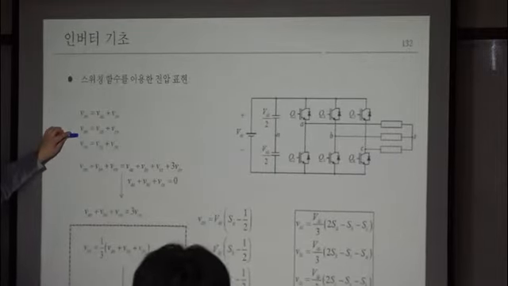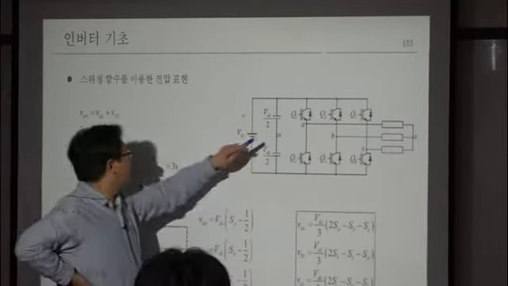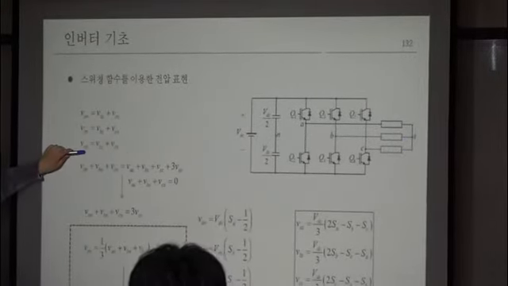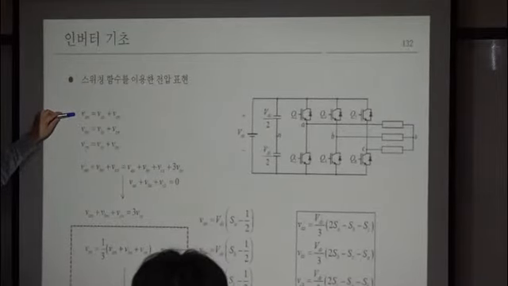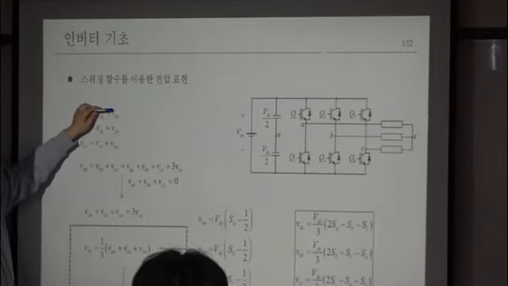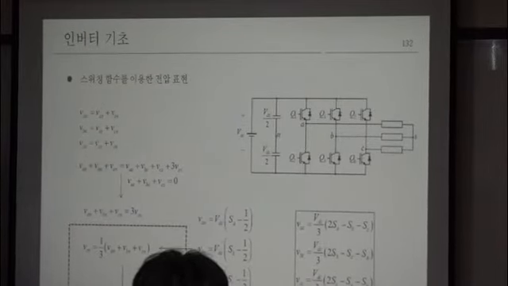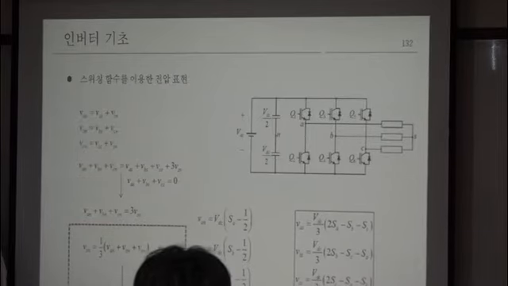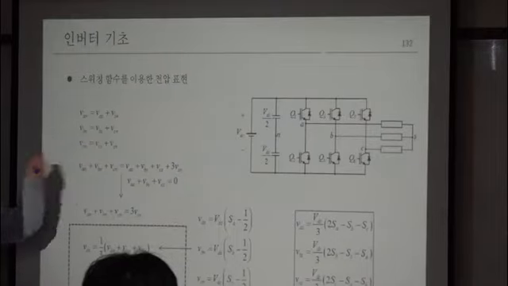Then VBN is also VBS plus VSN, right? VCN is also like this. So your pole voltage can be written as phase voltage plus what? VSN. So VSN here is called the common voltage or neutral voltage. Sometimes we use the term offset voltage. Common voltage, neutral voltage, and offset voltage are basically the same here.